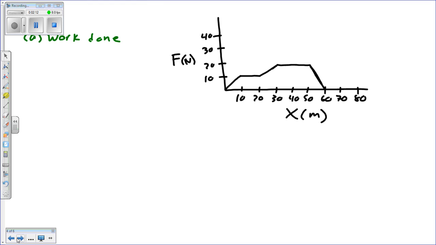Okay, the work done. The relationship between force and displacement, you probably know that the work is equal to F times x, but if the force is changing, in other words, if this graph has a diagonal line, it's much easier to calculate the area under the curve. Area under the curve is work for a force versus displacement graph.